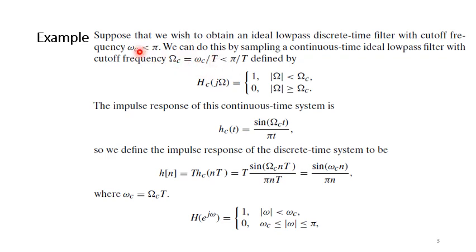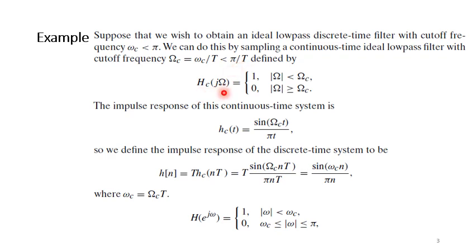So the continuous time cutoff is omega c of the discrete time system divided by the sampling interval, and the condition must be met that the cutoff frequency is less than pi by T.